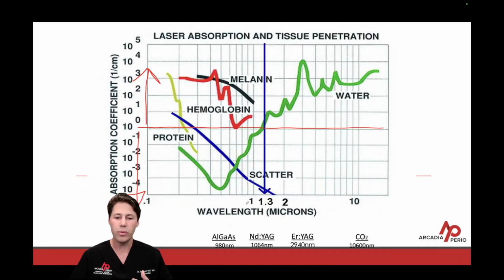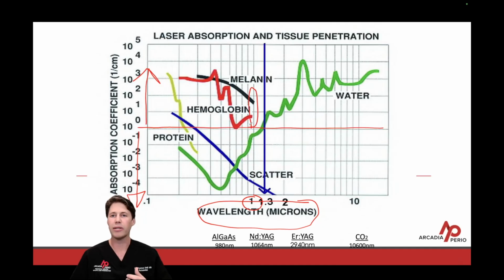Notice when we're talking about the wavelength of light, we're right at 1 micron or 1,000 nanometers. So if we go up this line to here, look at this spot on the x and y axis. Where is that light energy penetrated and absorbed at 1064? It's absorbed into melanin and hemoglobin, aka pigmentation.